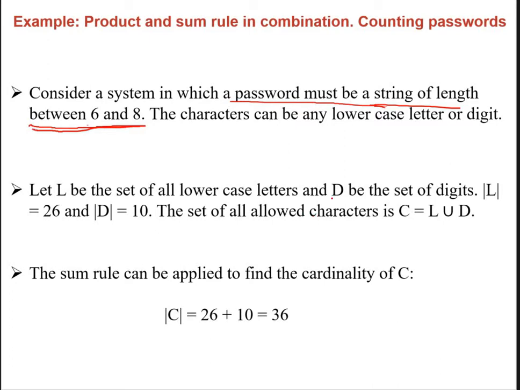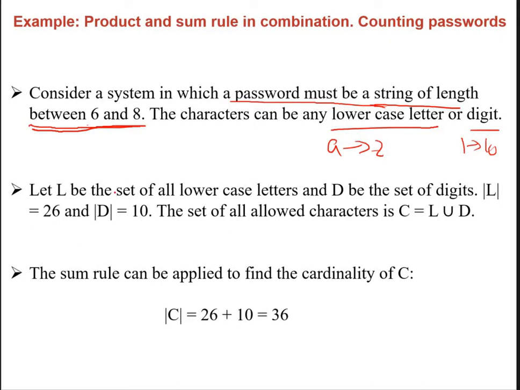The characters allowed are lowercase letters and digits, so A to Z, and then 0 to 9. There are 26 letters from A to Z.